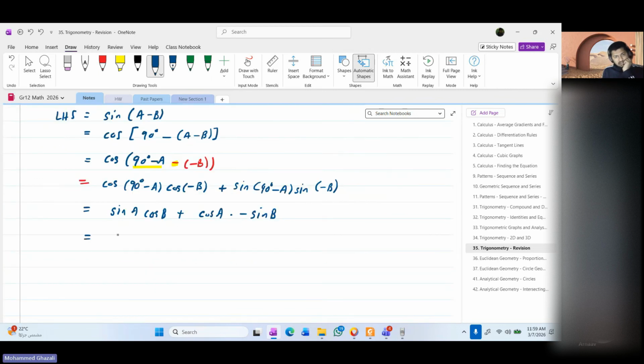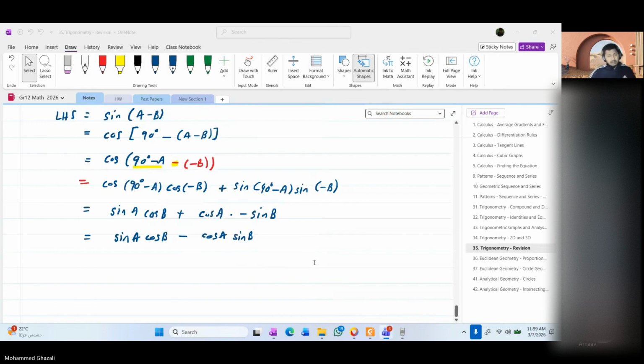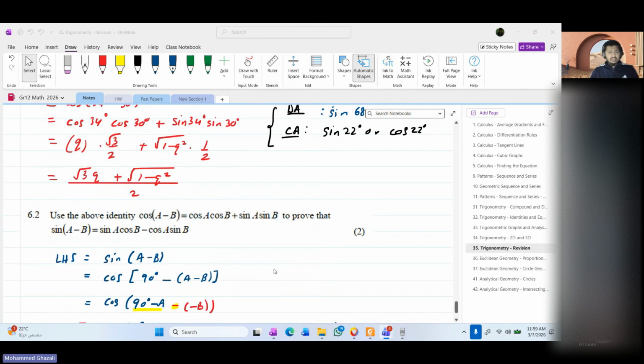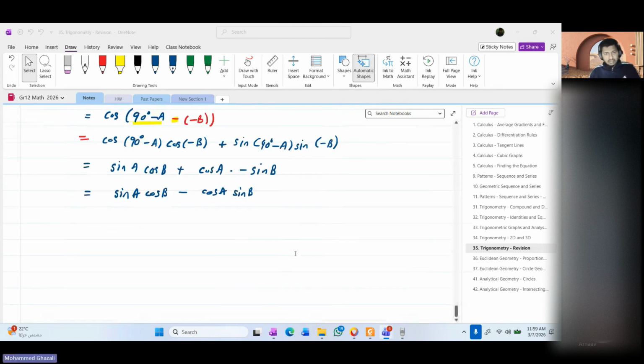Now, you're getting sine A cos B minus cos A sine B. Okay, guys, make sense? So we have proved it. Right, excellent. Next part.